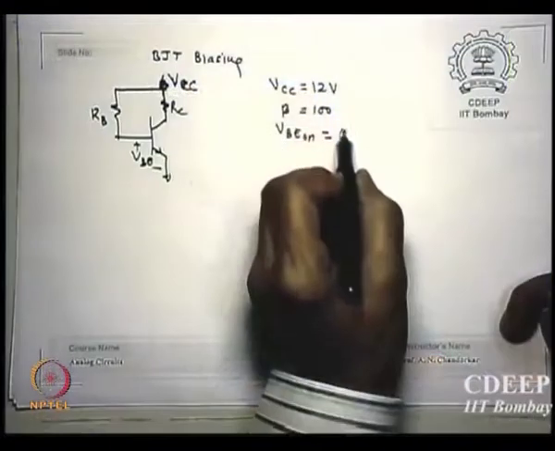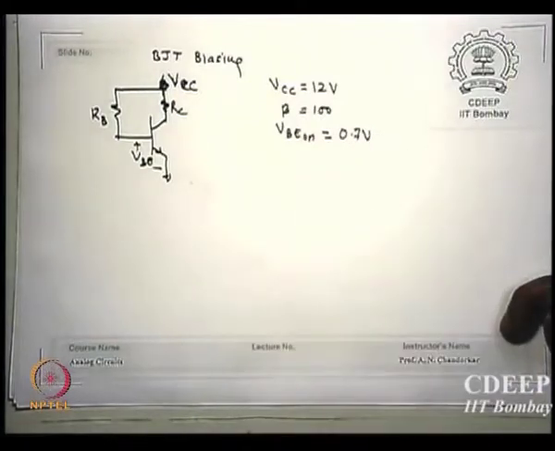Please note, if you evaluate it in real measurements, it may not be exactly 0.7. You may find 0.69, 0.71, 0.685, so don't worry too much. The evaluation is for assuming that it is close to 0.7. So let me assume 0.7 volt.